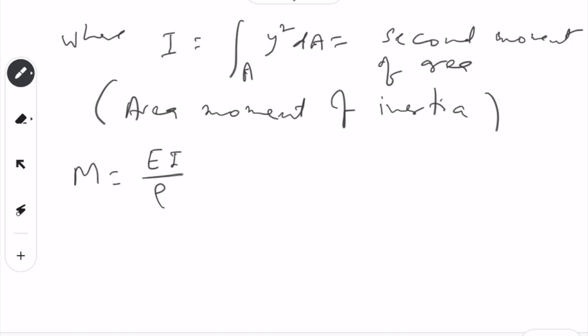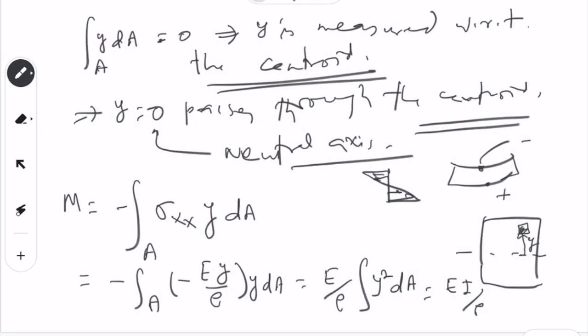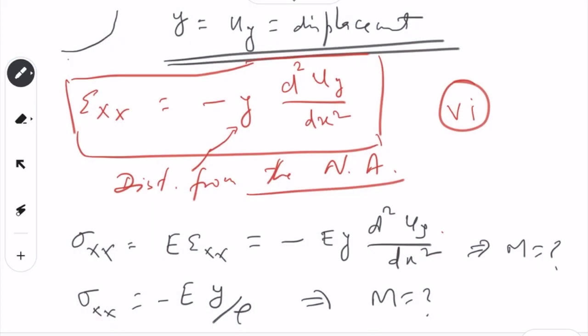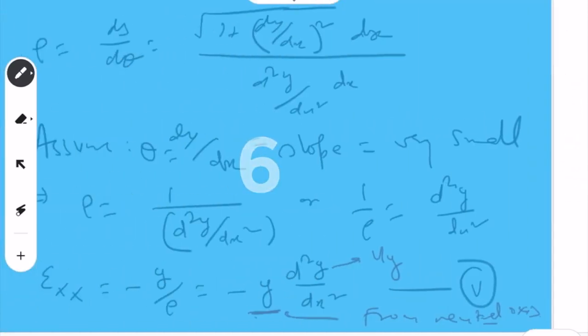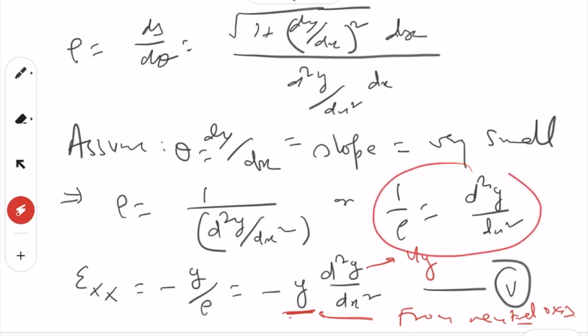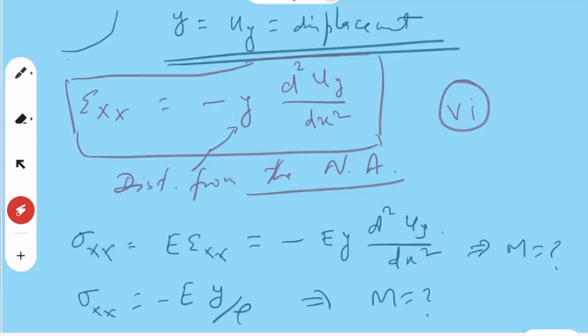If you see here, 1 over rho is d square uy over dx square, so we can put it there.